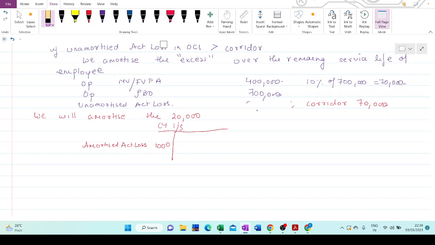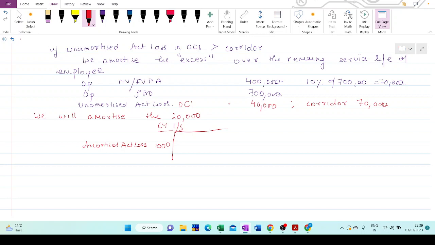Also, guys, if my unamortized actuarial loss in OCI were 40,000 instead of 90,000, then will there be any need for any amortization? If the unamortized actuarial loss was 40,000 instead of 90,000, do we need amortization?